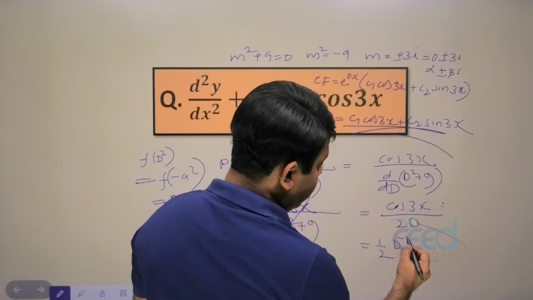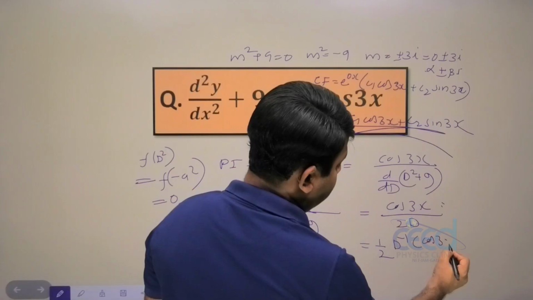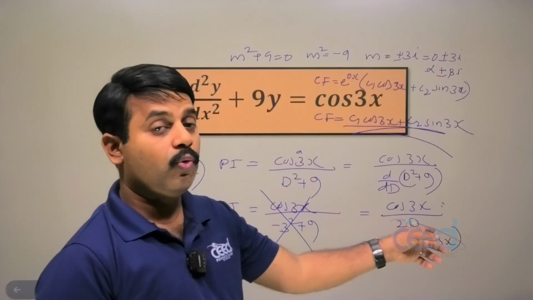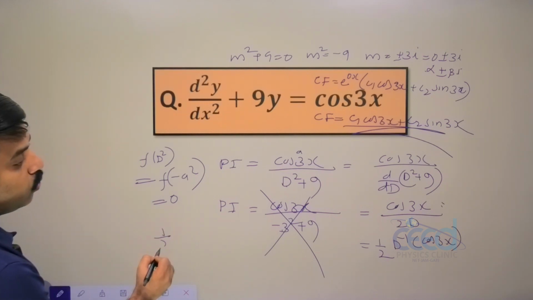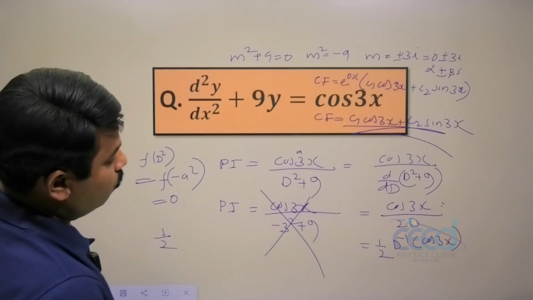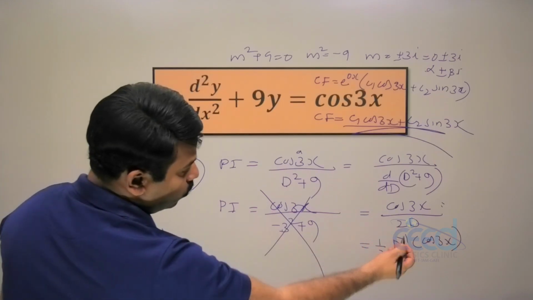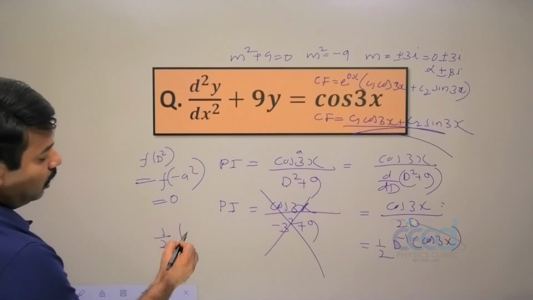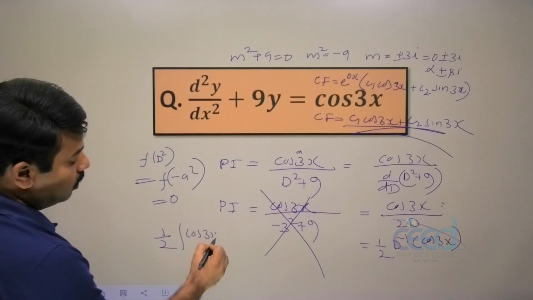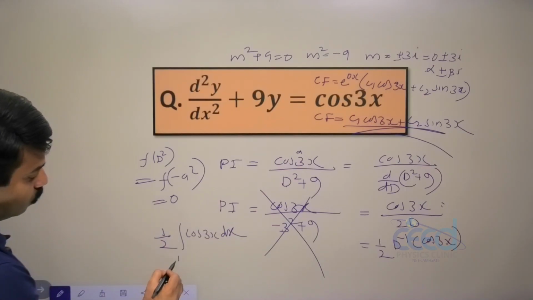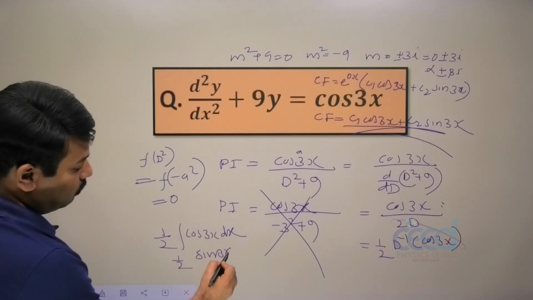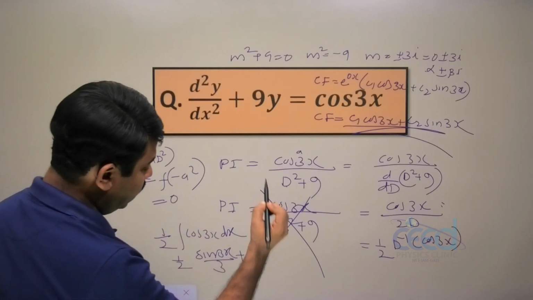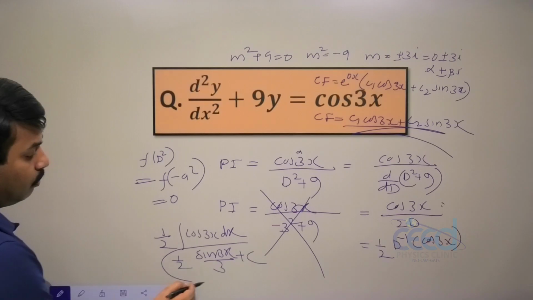So d inverse of cos 3x means integral of cos 3x. Then 1 by 2 into integral of cos 3x dx. That is 1 by 2 into, what is cos 3x on integration? Sin 3x by 3 plus c. So this is the particular integral.